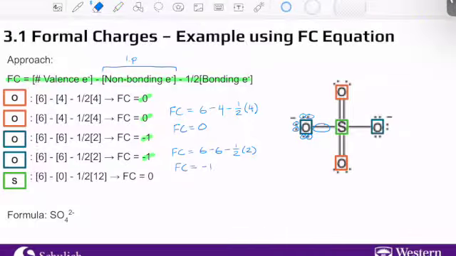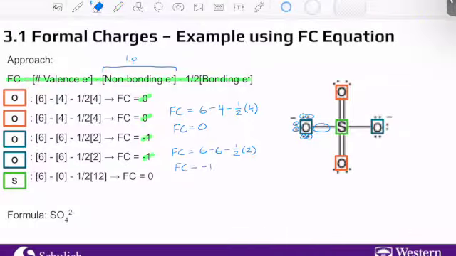In terms of sulfur, when we look on the periodic table, it also has 6 valence electrons, just like oxygen. So we know that the formal charge is the amount of valence electrons minus the amount of lone pairs it has. Sulfur does not have any lone pairs, it's just filled with bonds.